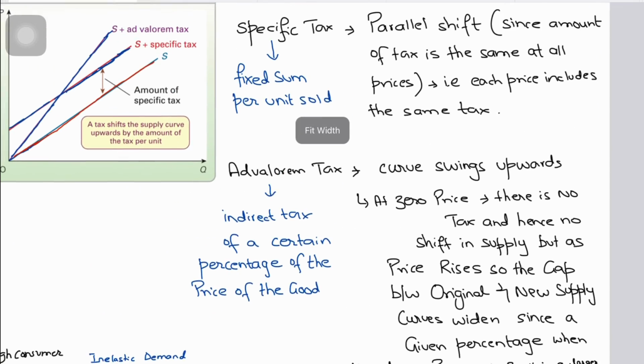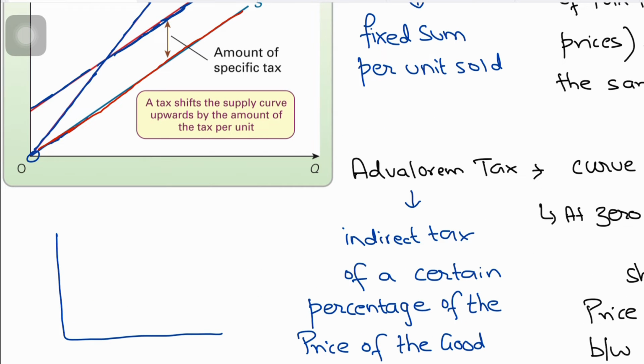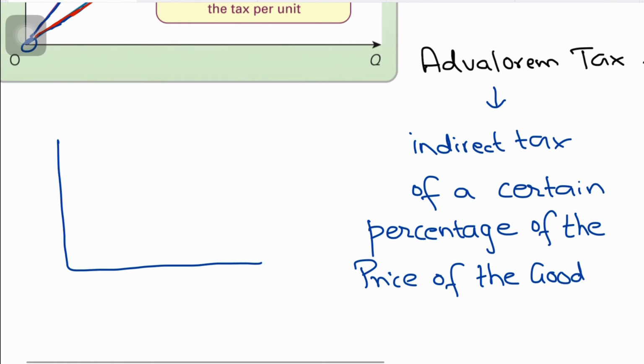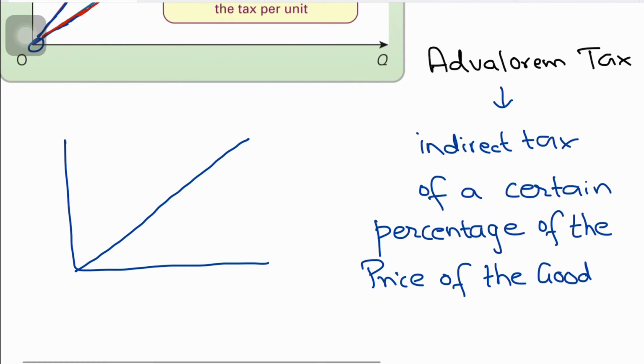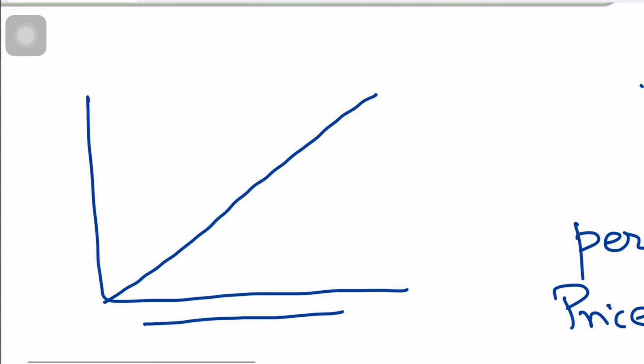Why does this happen? An ad valorem tax is basically a certain percentage of the price of the good. So let's say a 10% tax on the price of the good. Every time you're producing more, you're adding more value. So it's a percentage on the value of the goods, and the value is reflected in the price. As you start producing more along the supply curve, your cost goes upwards, and the higher cost reflects a higher value of the product.